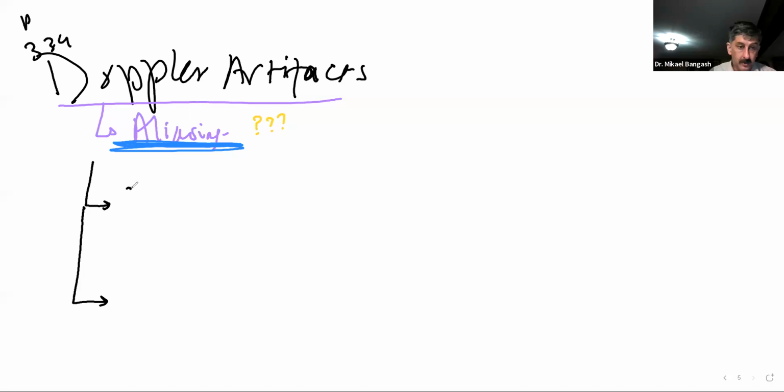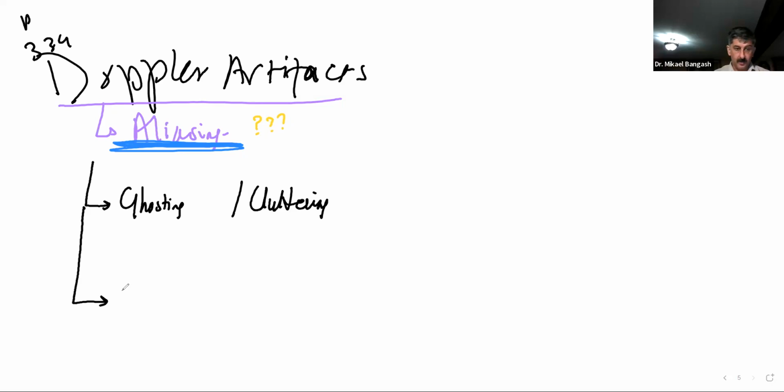And the two are what we may call ghosting, or it can also be called cluttering. So this is practically the same artifact just in two different Doppler modes. Clear?